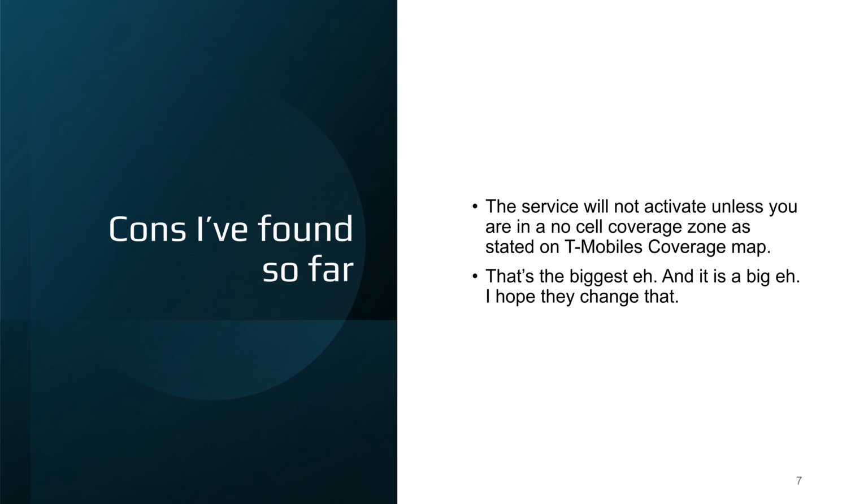So in my testing with this, I found that there's places where I don't have enough coverage to send a text message with my normal cell phone signal, but the Starlink service won't activate because on the map I'm in a location that says I should have service, right?